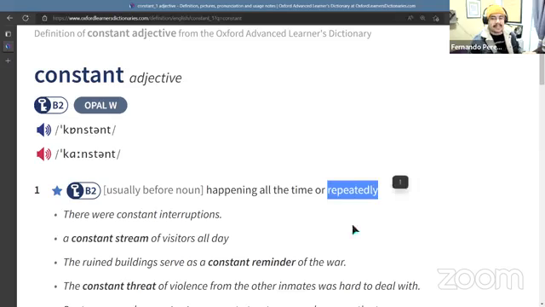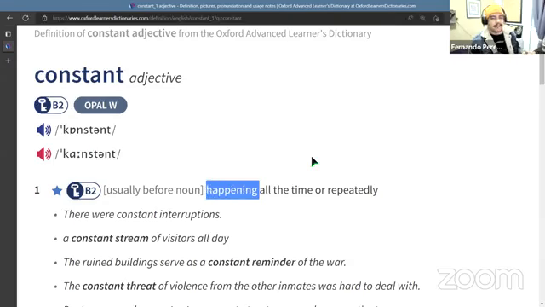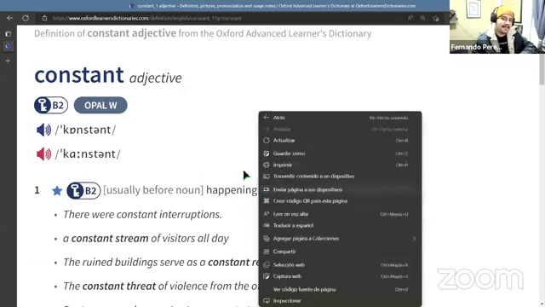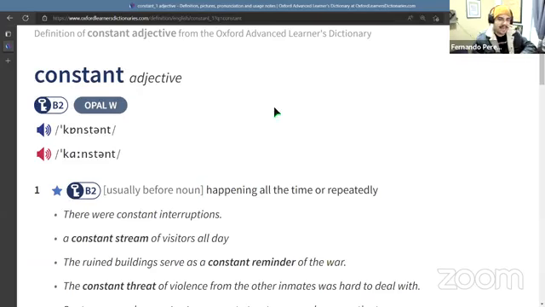The word repeatedly in this case is describing the verb happening. We are describing the way something is happening. It's not that constant is similar to repeatedly. No. It's that repeatedly is how often something is happening. And we remember that adverbs are the answer to direct questions, such as how often, how, where, when, and why. No?